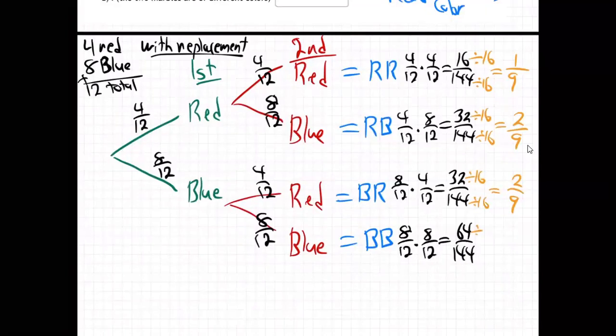Divide by, don't know, divide by something good. 16, I think. Top and bottom, you get 4/9. There we go. All right. So we did the whole table. Let's go up now and answer their questions.